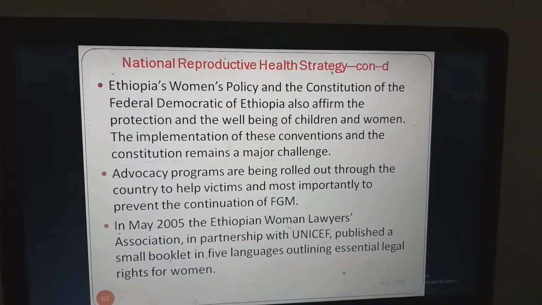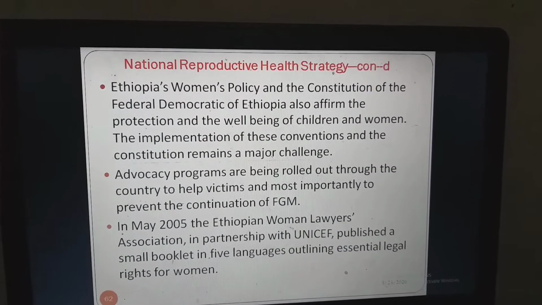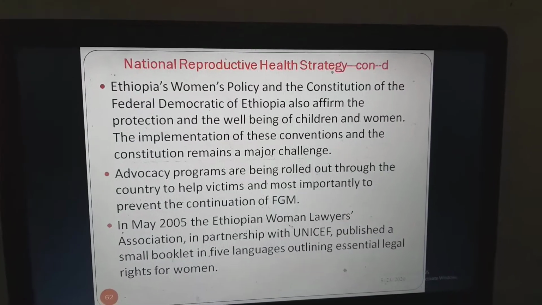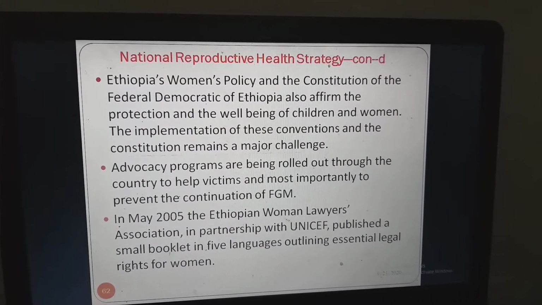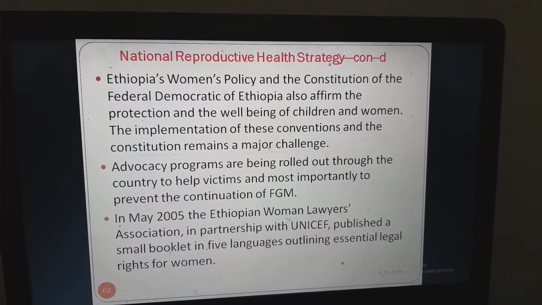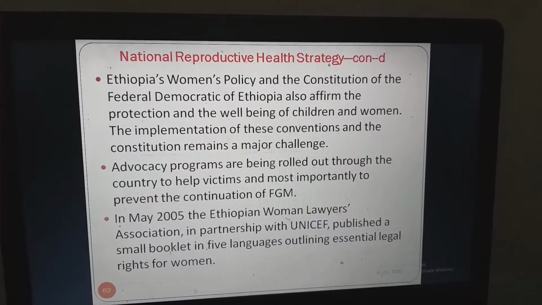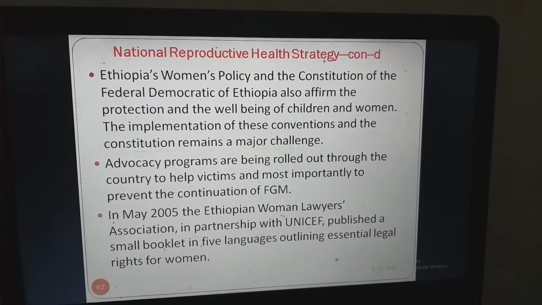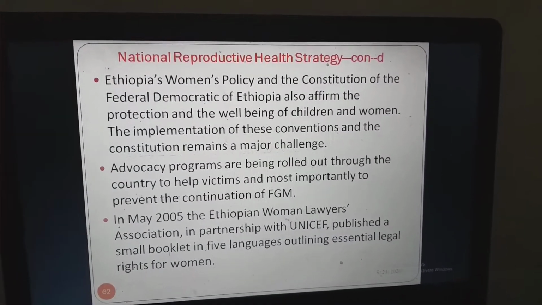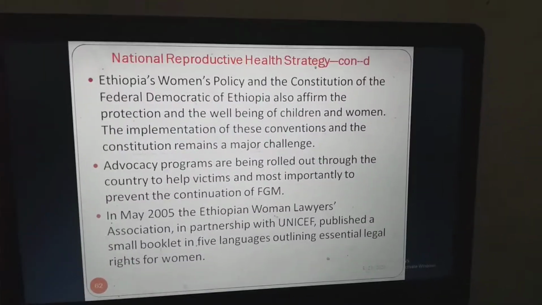Advocacy programs are being rolled out through the country to help victims and most importantly to prevent continuation of FGM. In May 2005, the Ethiopian Women Lawyers Association, in partnership with UNICEF, published a small booklet in 5 languages outlining essential legal rights of women.